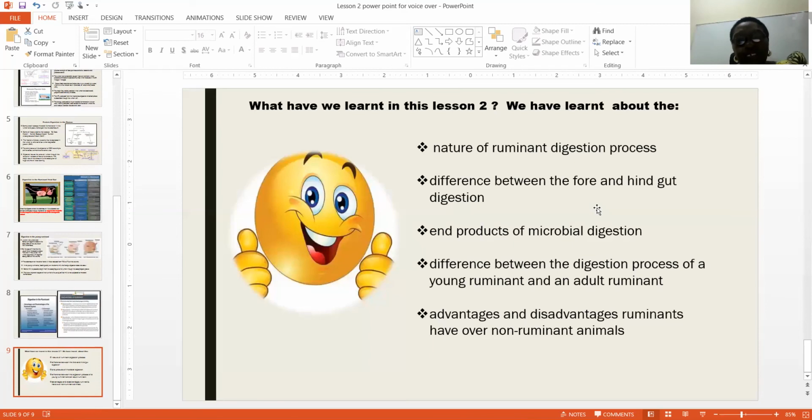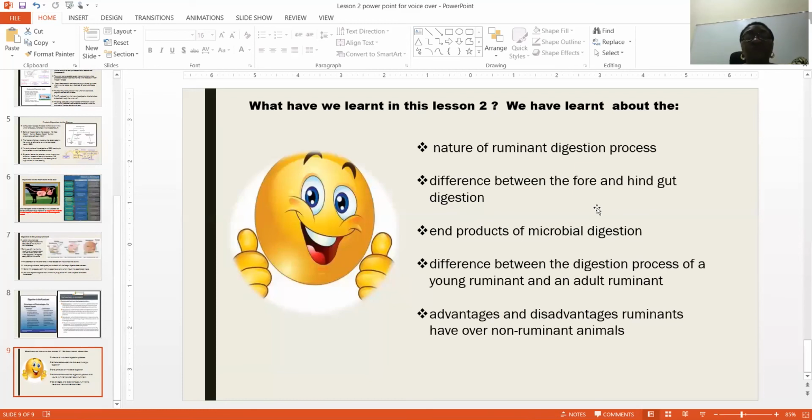So what have we learned in this unit? Remember, this is unit 2, and in this lesson, lesson 2 of this class, we have been able to talk about the nature of the digestion process in the ruminants. We have also talked about the difference between the fore and the hind gut digestion in ruminants.